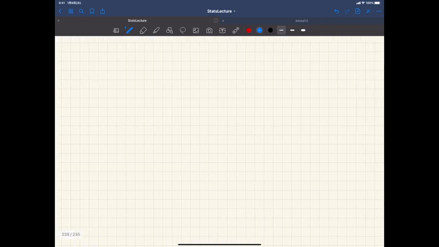So how do we model this problem? Let y be the random variable representing the comb size.